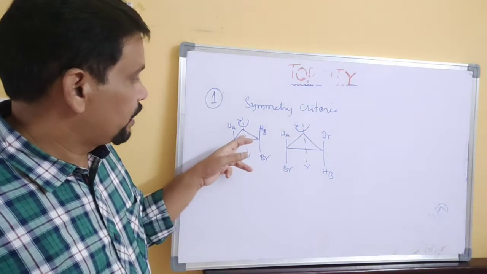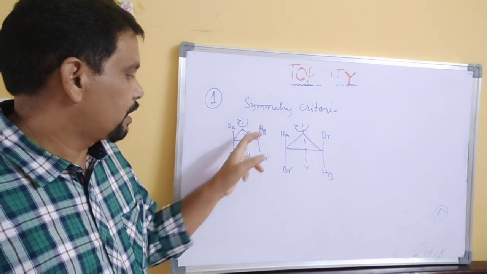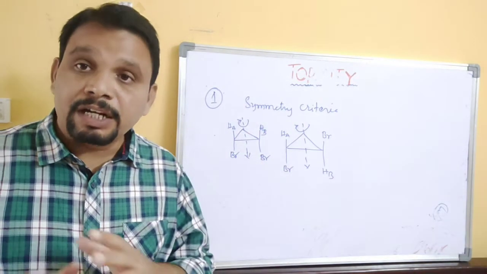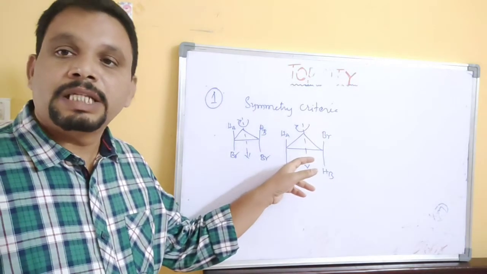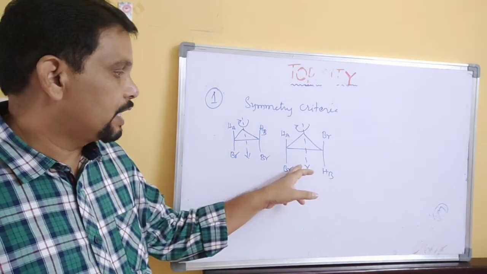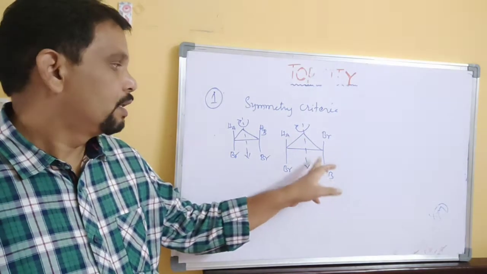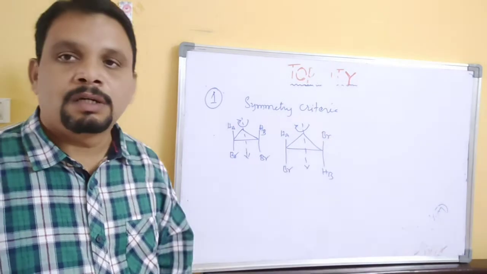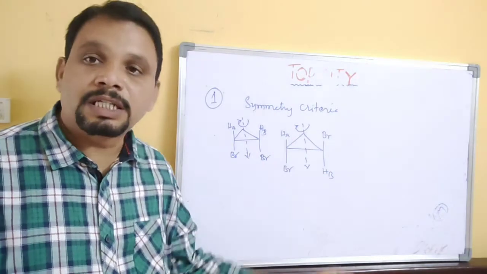If you rotate, this side bromine will go to this side and this HB will come to this side, and so on. They will not be interchangeable or interconvertible, whereas here they are. If you rotate this one with the CN axis, this HA can be replaced with HB, HA will come to this side, this bromine will come to this side, and this bromine goes there.